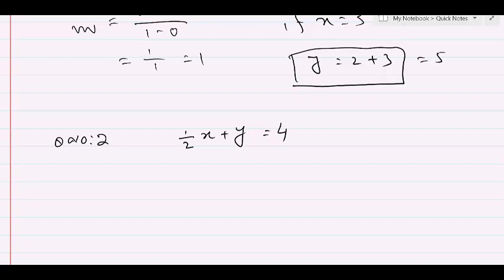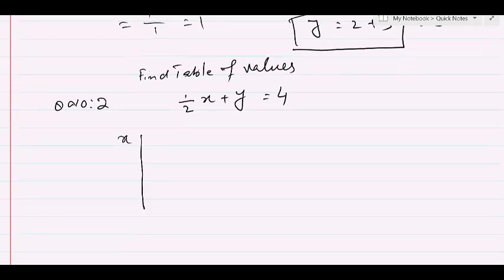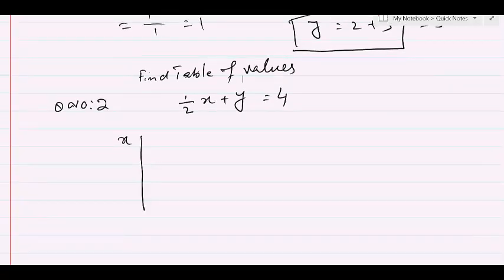If those values are given, then we don't assume; rather we make one column of x, and if x was given as 0, 2, 3, whatever, then we find the values against those values of x. But if there are no values, like here, if the question was to find a table of values but no values of x are given, then we can assume a few values of x around 0, which could be on either side, positive or negative.